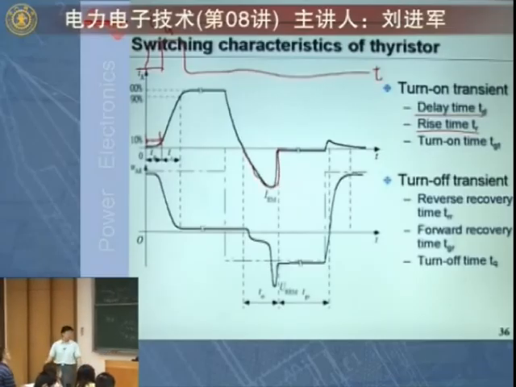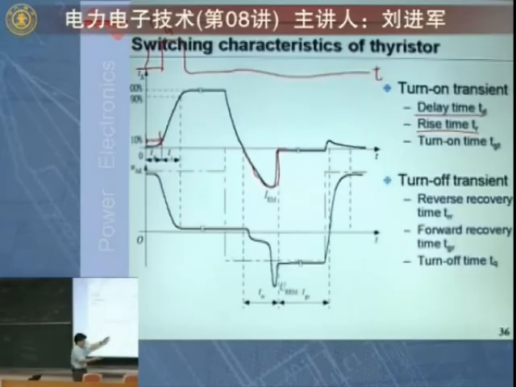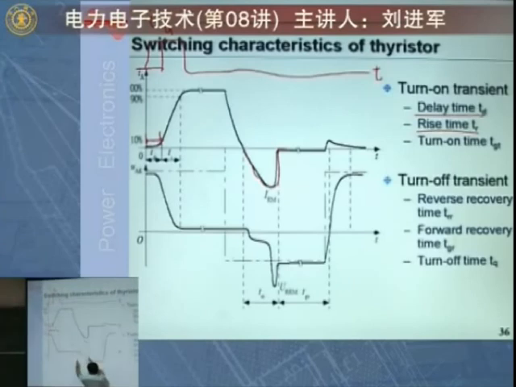So this process is very similar to what happens in a diode. You have a reverse recovery process. This process is called the reverse recovery process.